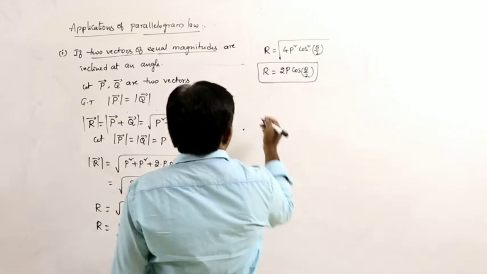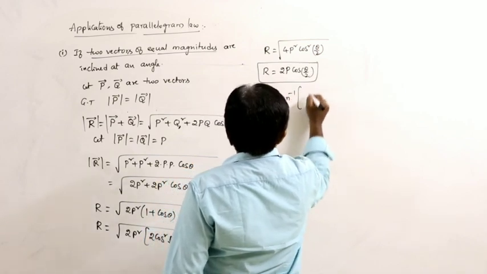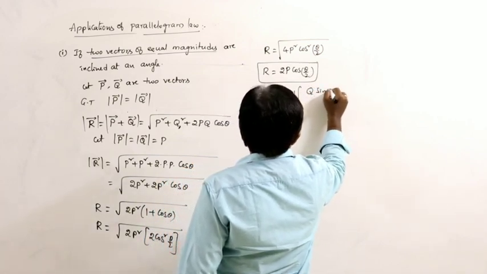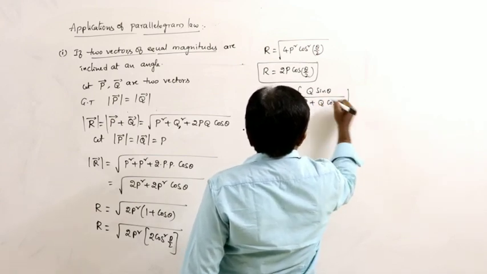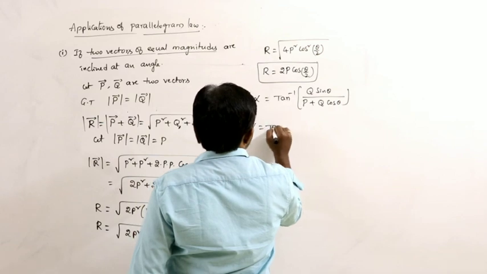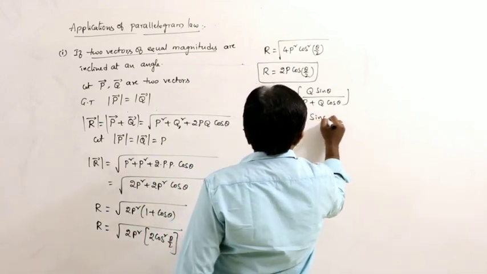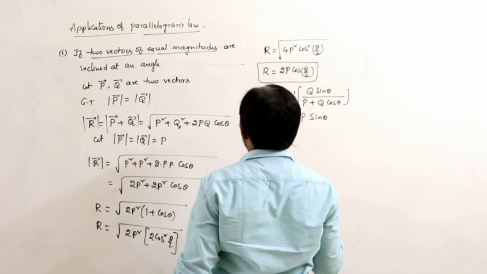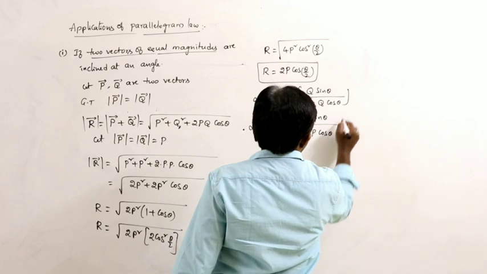Here the direction alpha is equal to tan inverse of q sin theta by p plus q cos theta. So alpha is equal to tan inverse; in place of q we can substitute p, because the magnitude of p bar equals the magnitude of q bar. So p plus p cos theta.